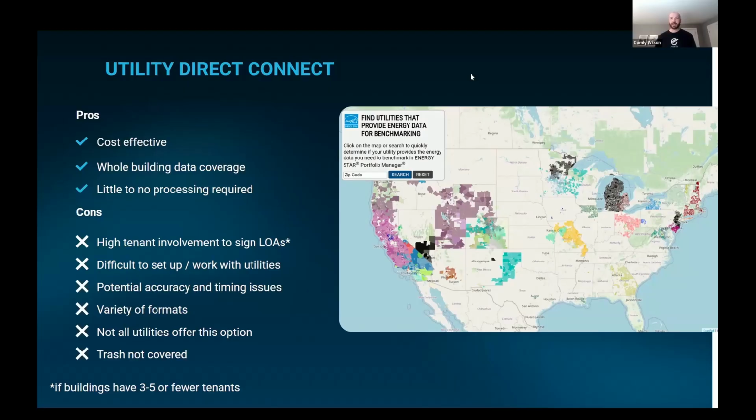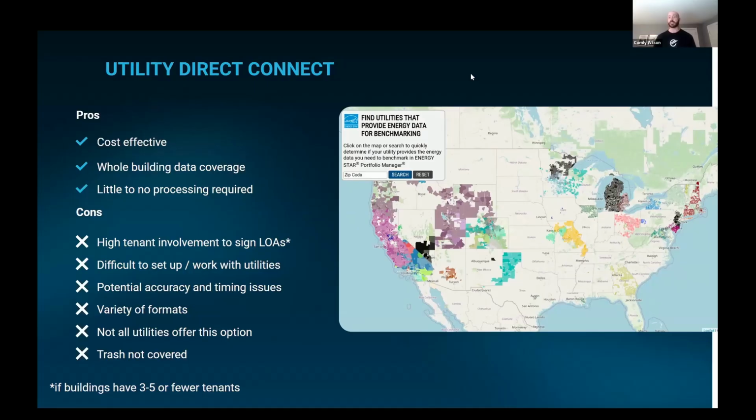The other thing to consider here is if you're looking at this from a portfolio perspective, the data is going to come in a wide variety of formats. Some utilities are going to just send a CSV file. Some will offer an API integration where you can tap into it.